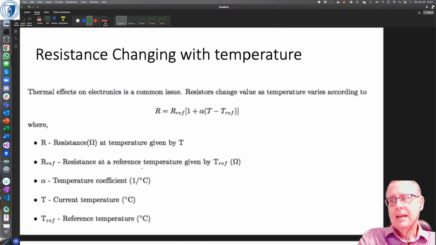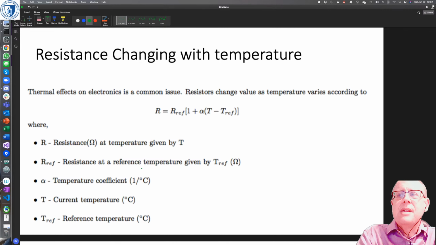One of the biggest problems I've seen with change in temperature isn't so much with resistors, but with batteries. You'll find that a lot of batteries don't work well at high temperature or at low temperature.